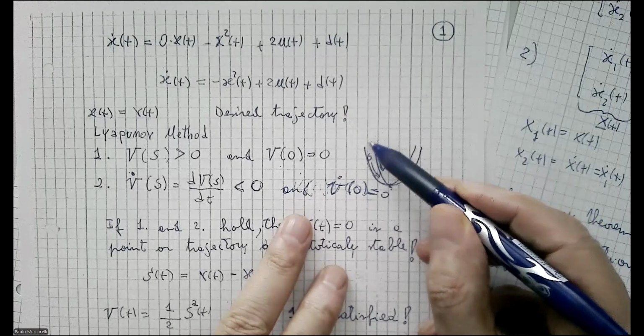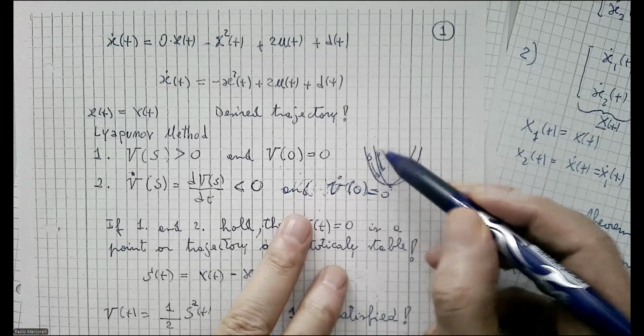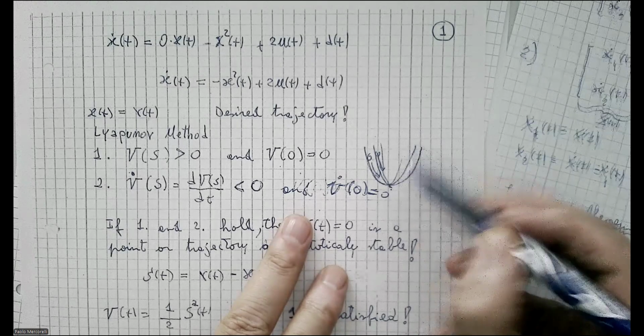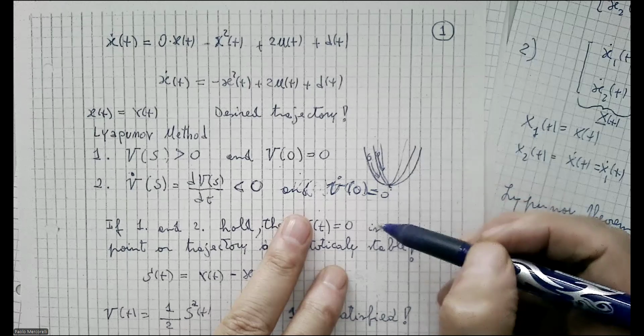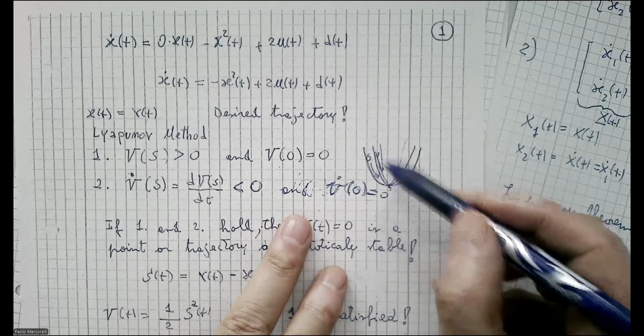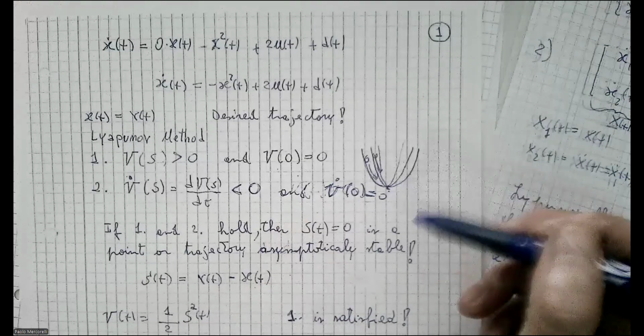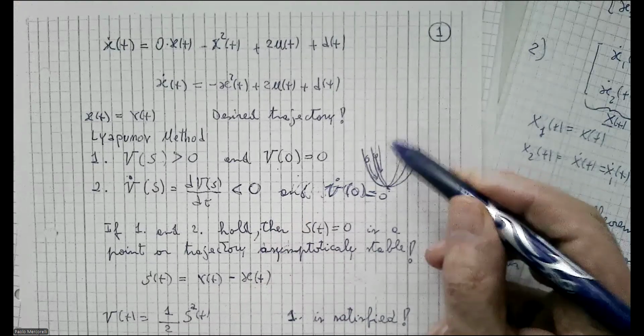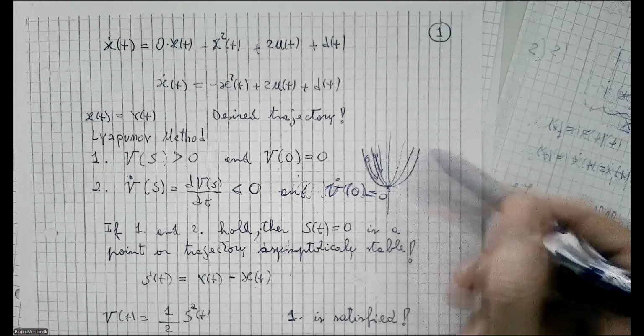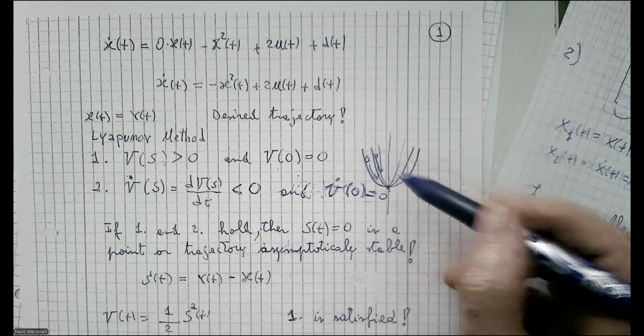Because the derivative of v represents the slope of this quadratic function with respect to the axis. It's an odd function, it's symmetric.